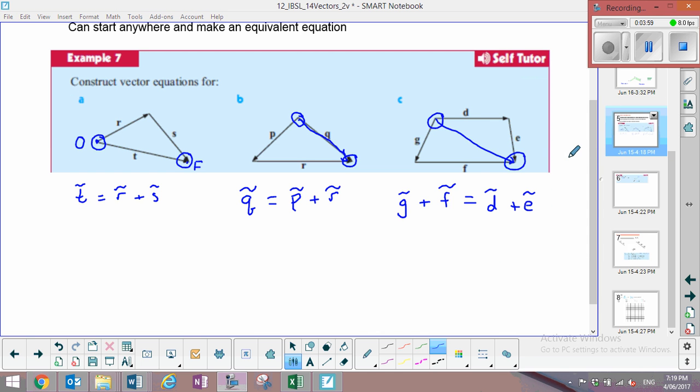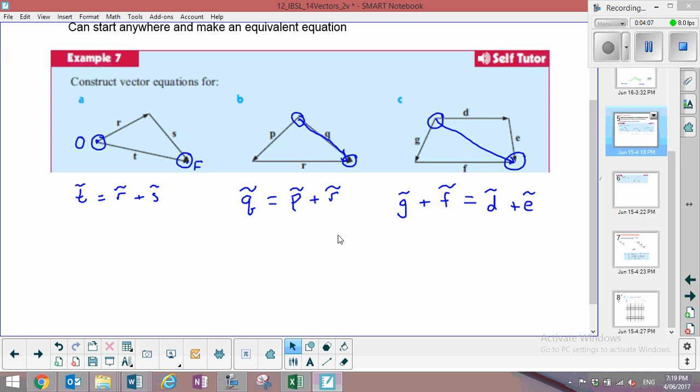Before we go on, I just want to do one little extension here. Look at this one here. We called q our resulting vector, and we said if we went p then r, that would be the same result as just doing q.